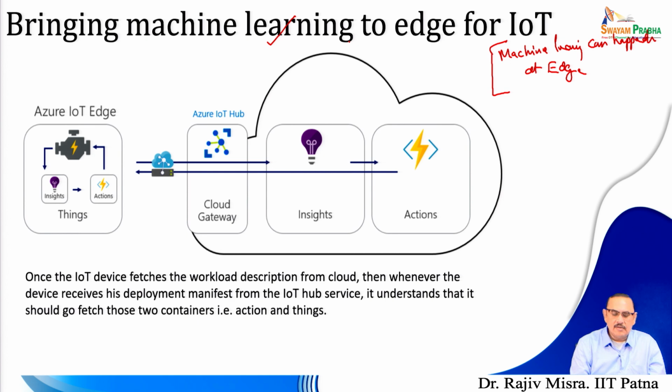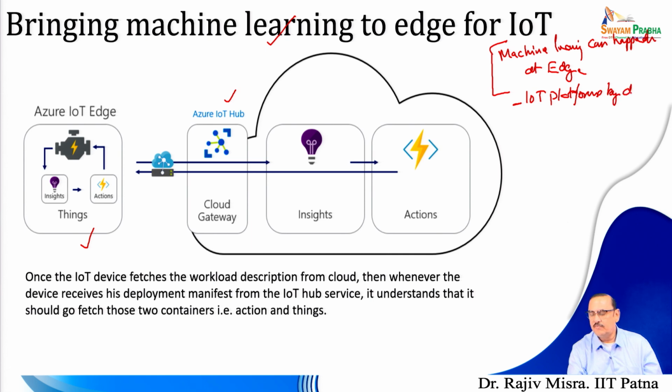Let us understand that the cloud has the capability that it can enable the edge. These functionalities are often provided by IoT platforms by different cloud providers for edge services.